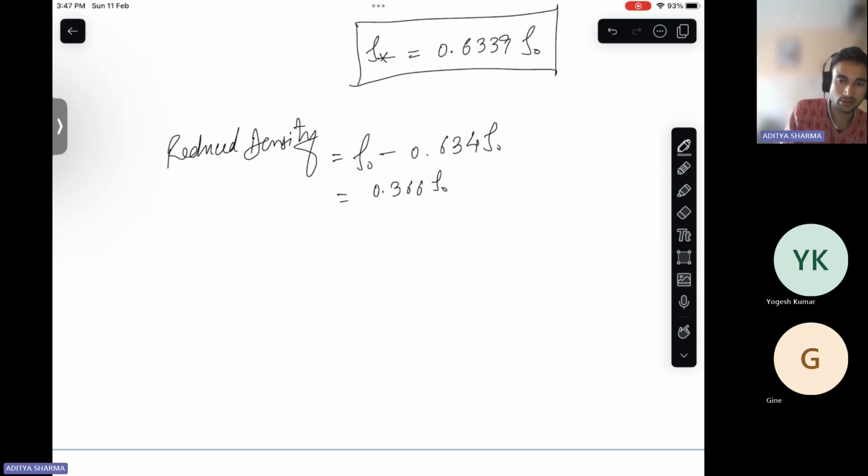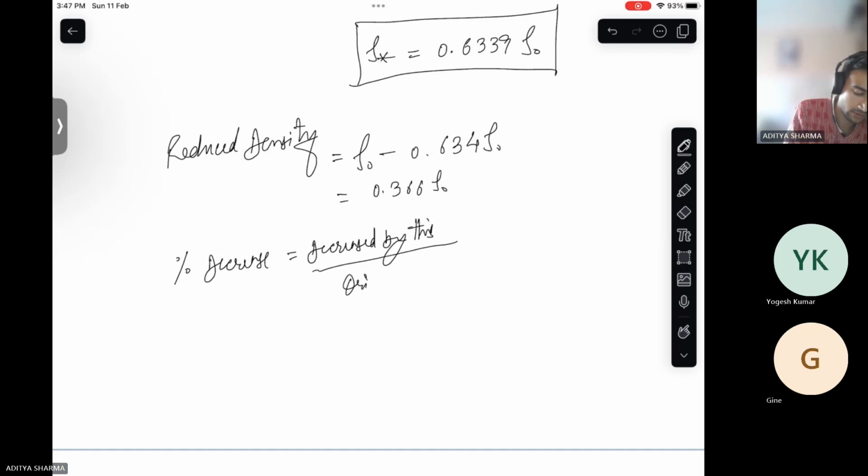So we have been asked by what percentage. The percentage decrease: it has decreased by this divided by the original, into 100.